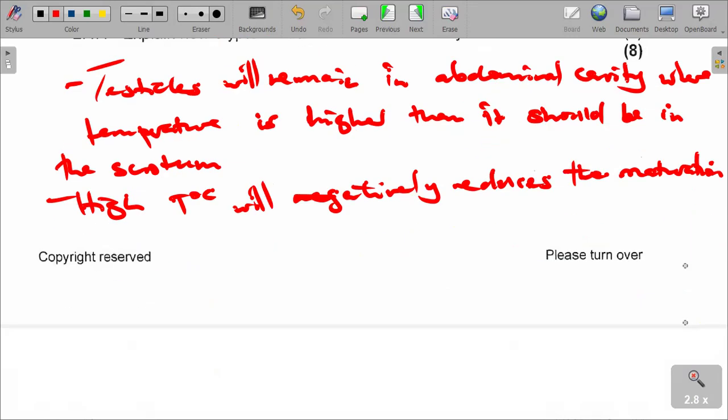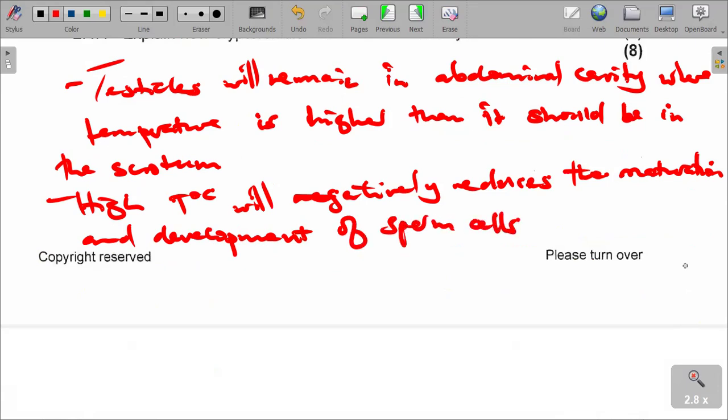It reduces the maturation and development of sperm cells, which at the end of the day results in infertility, which reduces the chances of having children.